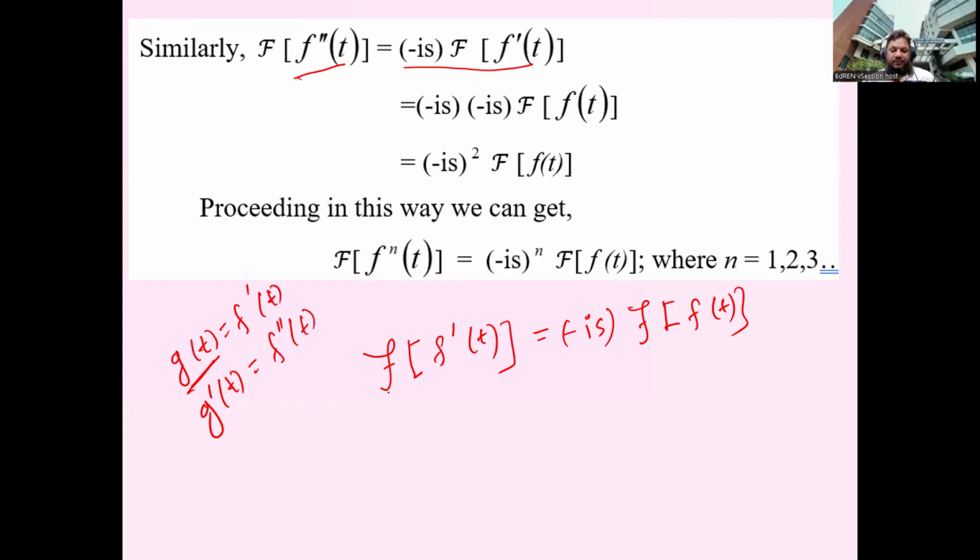So if Fourier transform of f prime t is equal to minus is F(s), we can write Fourier transform of g prime t as minus is Fourier transform of g of t.